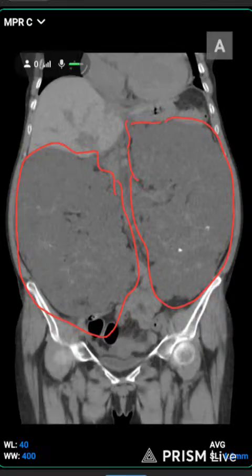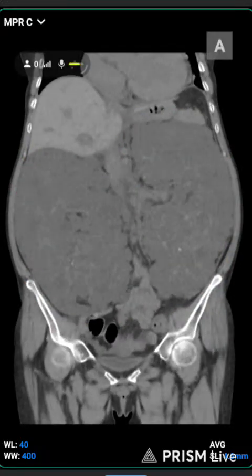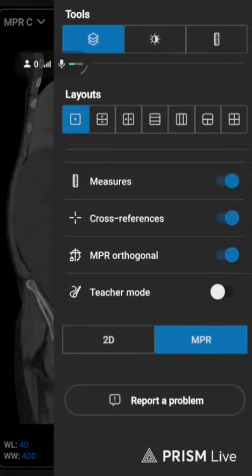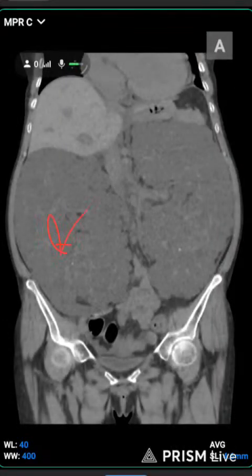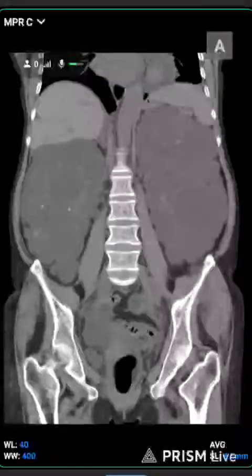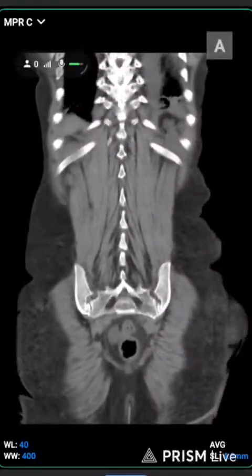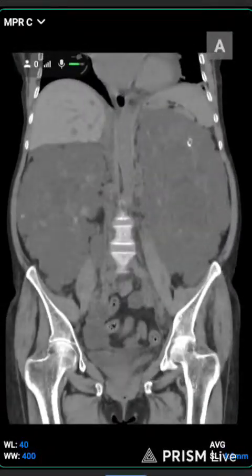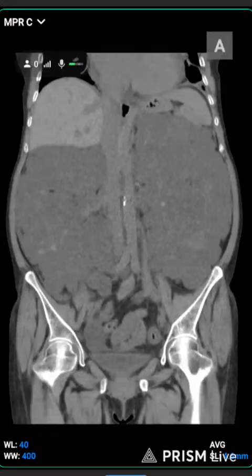In this area, this is the right kidney. Sorry, is this the right or the left? You can see every part of the abdomen is covered by kidneys.